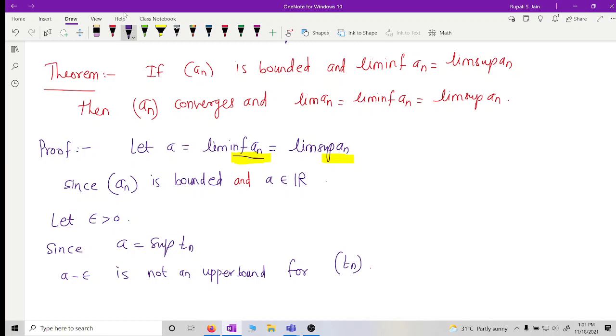So what can I say? Therefore, there exists k1 belonging to the natural numbers such that A minus epsilon is strictly less than t_k1. Understand this step?